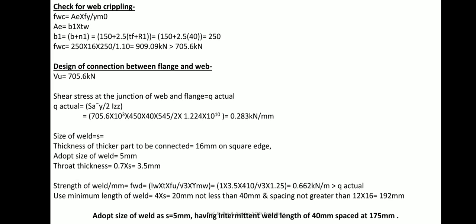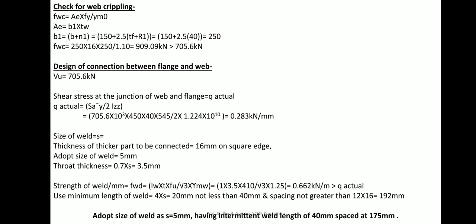So 4 into 5 is 20 mm, or not less than 40, so 40 mm is to be adopted. And spacing should not be greater than 12 times the thickness of the web section. So 12 into 16 gives 192. So spacing should not be greater than 192.